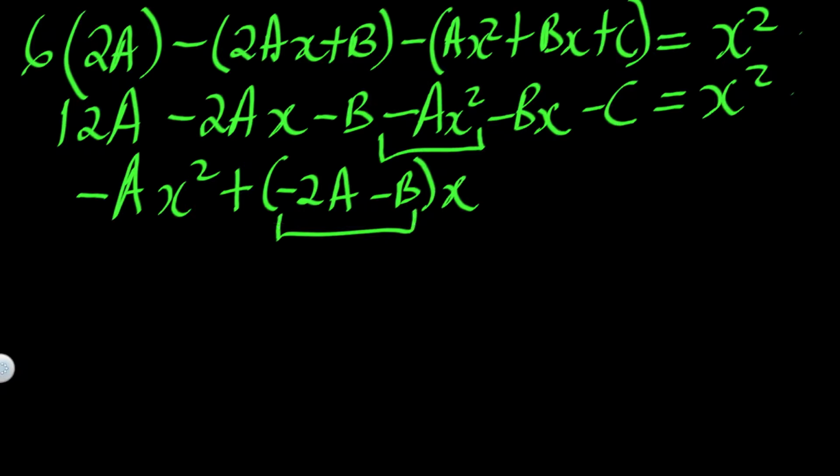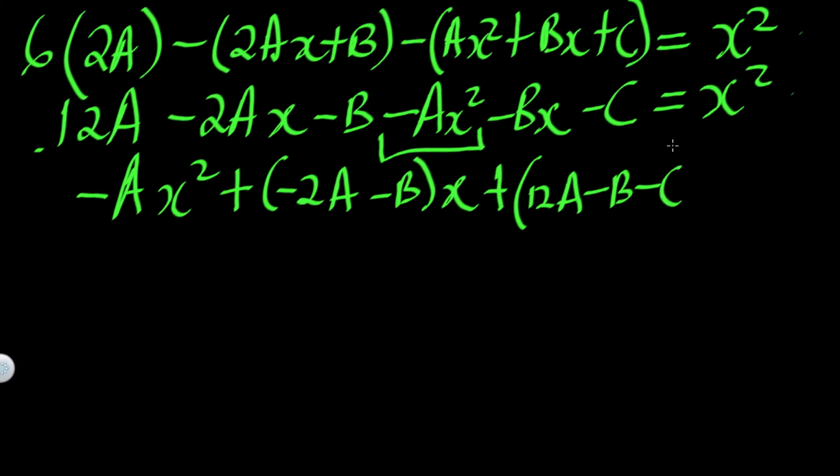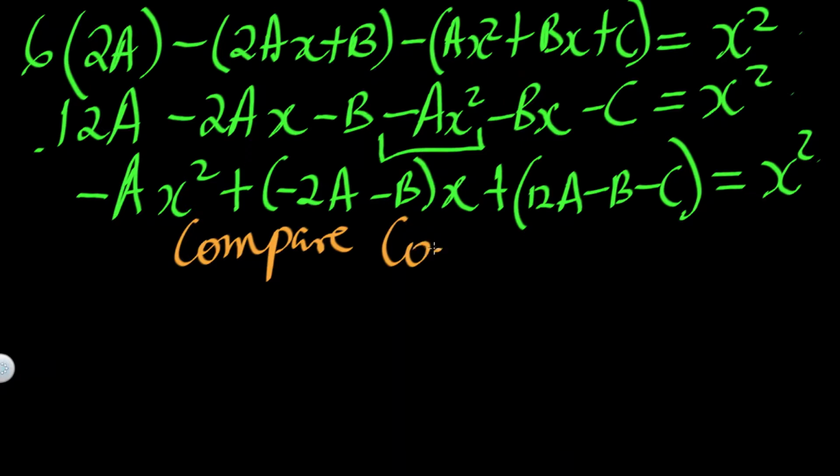This here is the coefficient of x. Then I put the constants together, so this is plus 12a minus b minus c, all equal to x squared. This is what I have. Now from here we can compare coefficients.